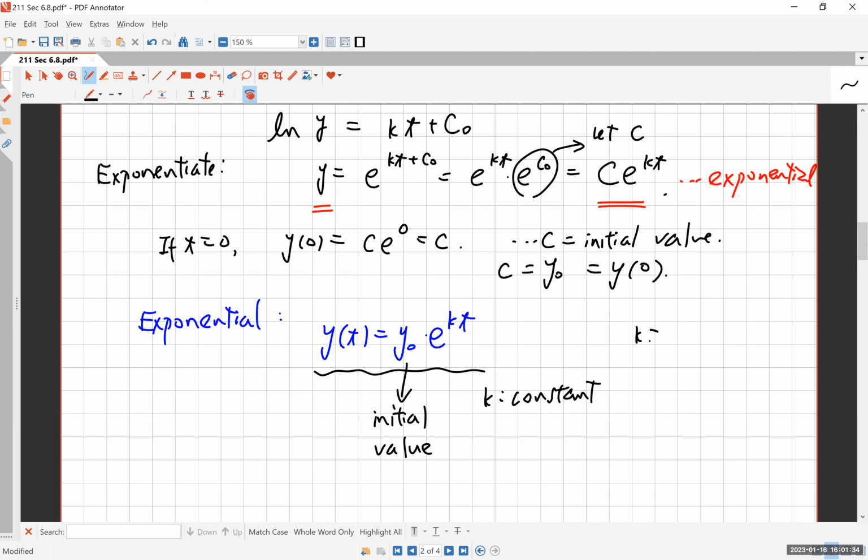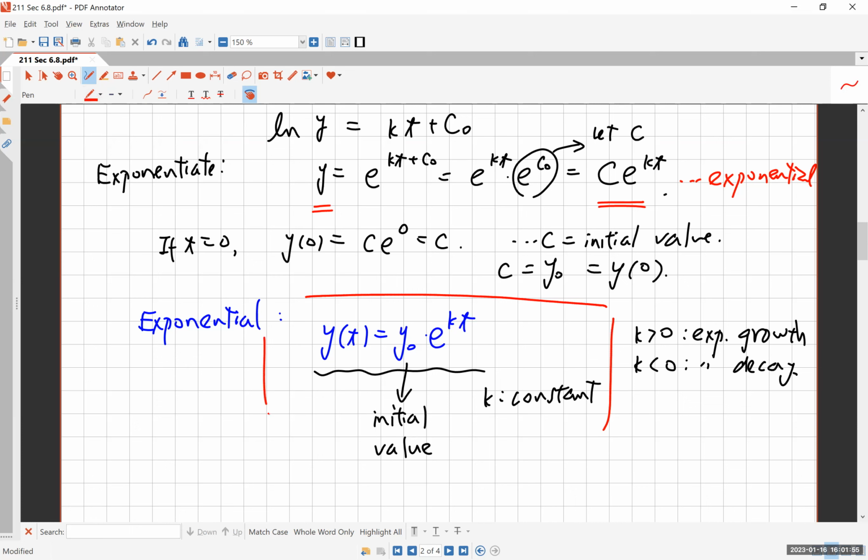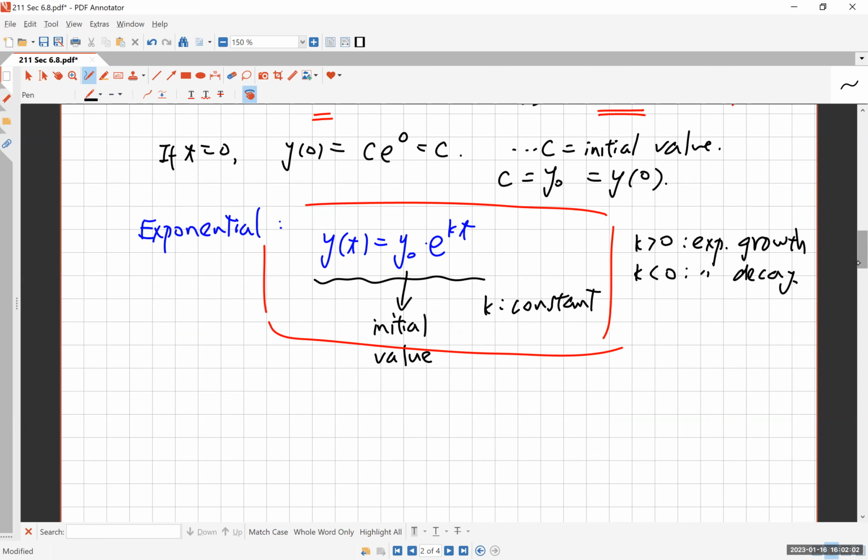Now, k cannot be 0 because then things don't change. If k is positive, then it's called exponential growth. If k is negative, you'll see the numbers decreasing, and that's the exponential decay. Both exponential decay and exponential growth are growth or decay by a fixed percentage, and that percentage determines what that value k is.